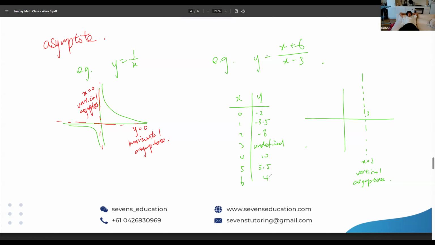What happens when x goes very big? Oh yeah, okay, 6 is not enough. Okay, let me think about it. Yeah, maybe try to plot some more points. Try to plot maybe 7, 8, 9, and try to just substitute a very big x value. See what you get. Okay. I actually want you guys to figure this out yourselves.